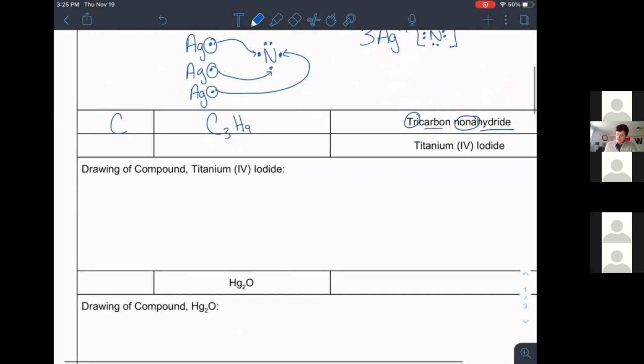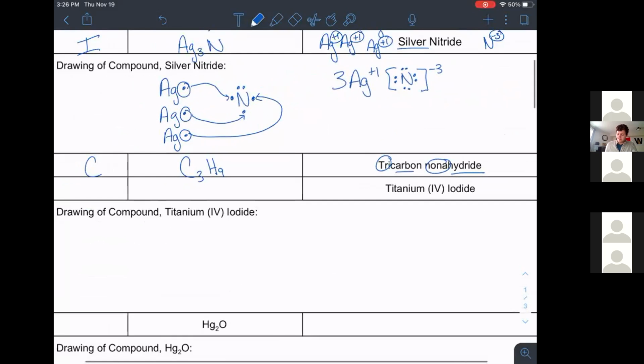Continuing, we have titanium 4 iodide. Titanium is a metal, which means we have an ionic compound. This Roman numeral 4 tells us that titanium has a +4 charge because it is going to be losing 4 valence electrons. Iodine, we should remember, has a -1 charge because it has 7 valence electrons, only needing to gain 1 to have a full octet.